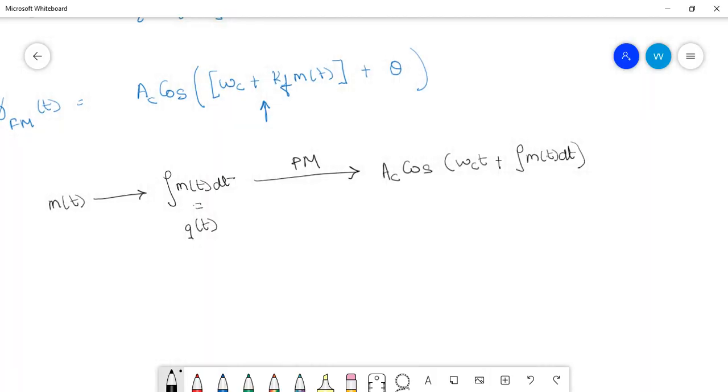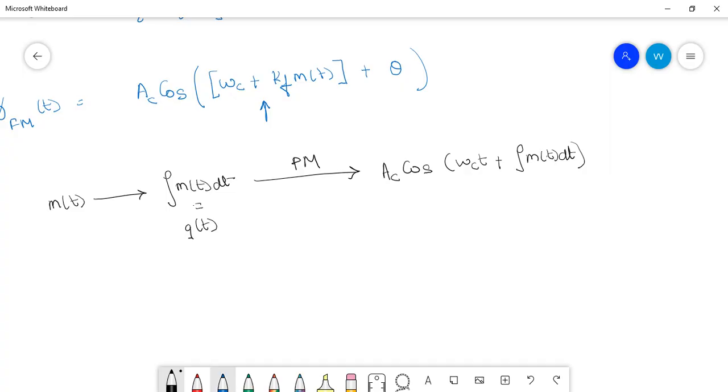Okay, so what have I done? I have basically done the phase modulation of my signal which I have integrated. Now my modulating signal is not m(t), it is the integral of m(t) dt.